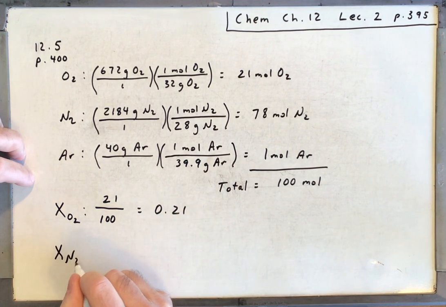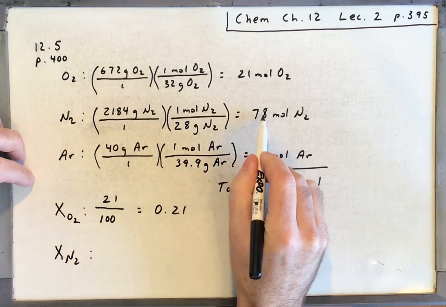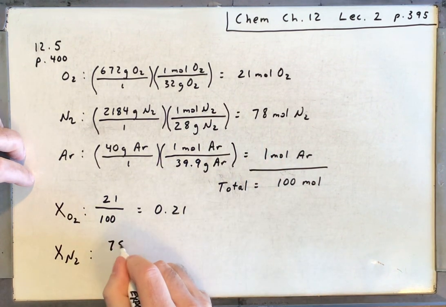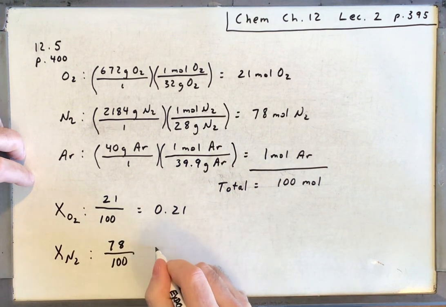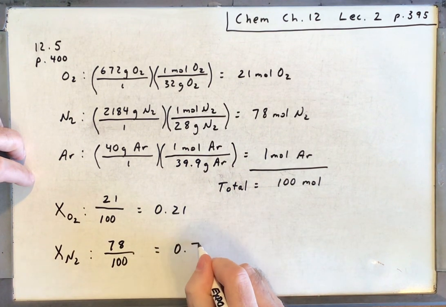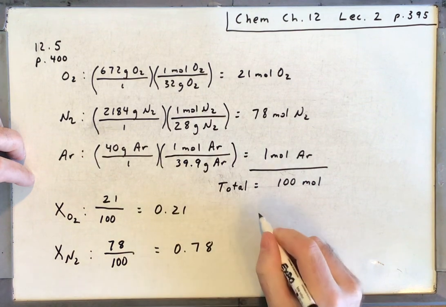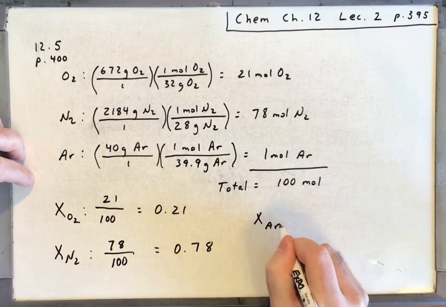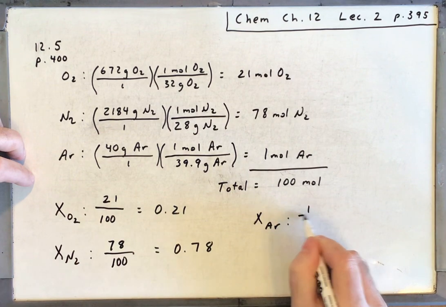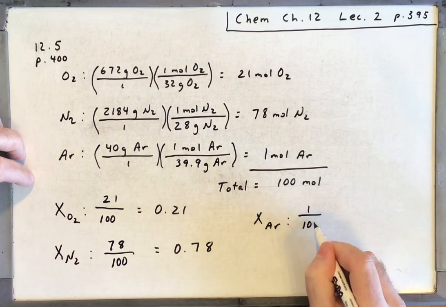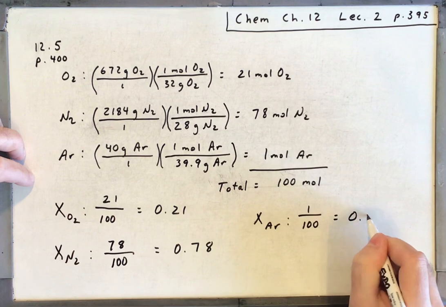The mole fraction for N2, you take the number of moles of N2 divided by the total moles, and that's 0.78. And then for argon, 1 mole divided by the total 100, that's 0.01.